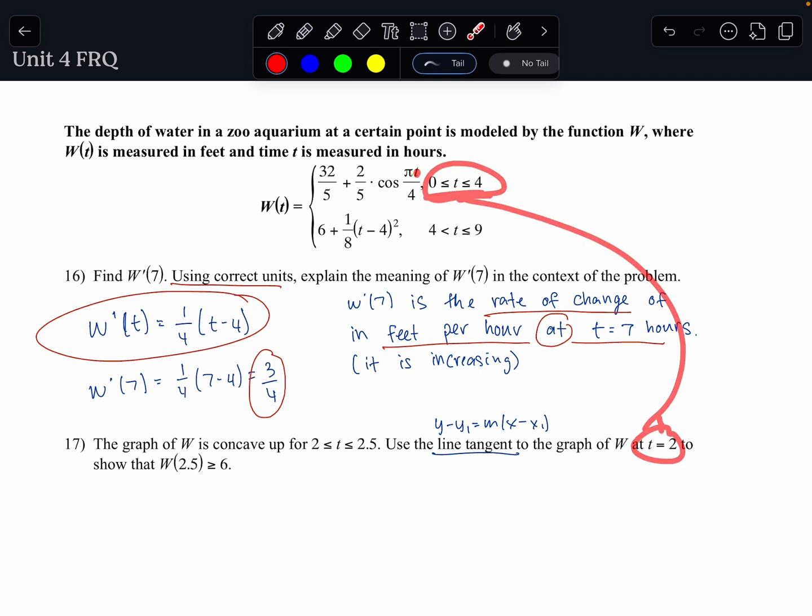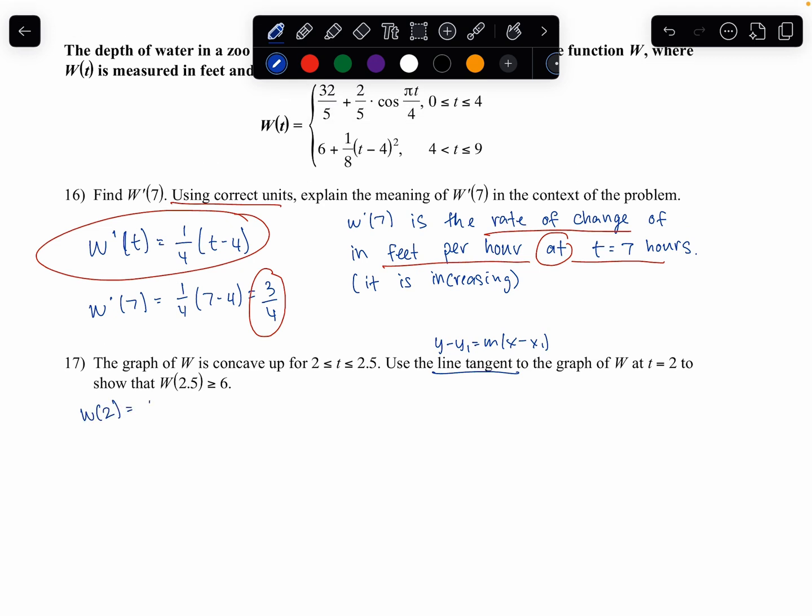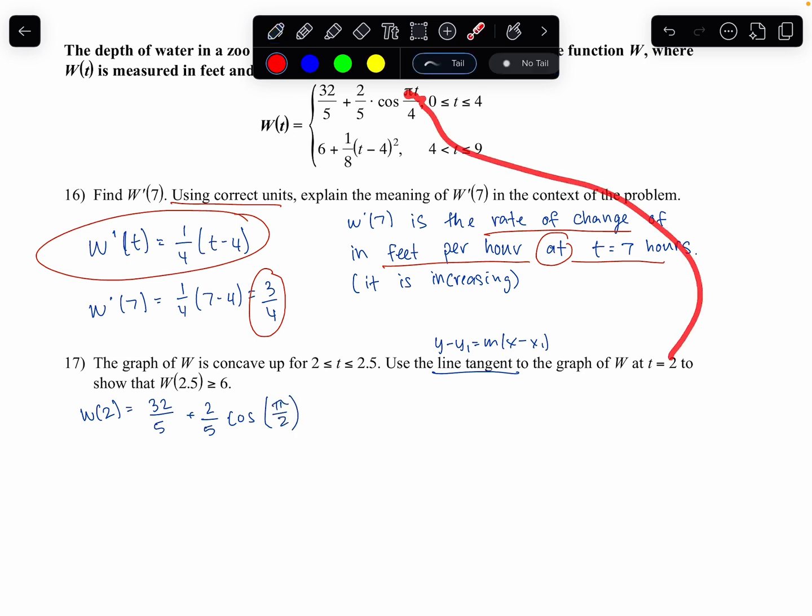So W of 2 is equal to 32 fifths plus 2 fifths times cosine of, that's going to reduce to pi halves. When I plug in 2, that's 2 pi over 4, which is just pi halves. Cosine of pi halves is 0. And so W of 2 is just equal to 32 fifths.